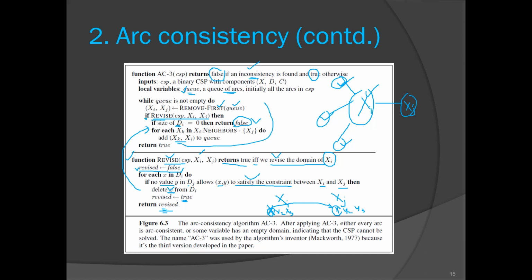We add the arc between xk and xi back to the queue, because we have revised the domain of xi. So we have to again revise the domains of previously referred neighbors of xi except xj. So that is the AC3 algorithm. Any doubt in this algorithm?